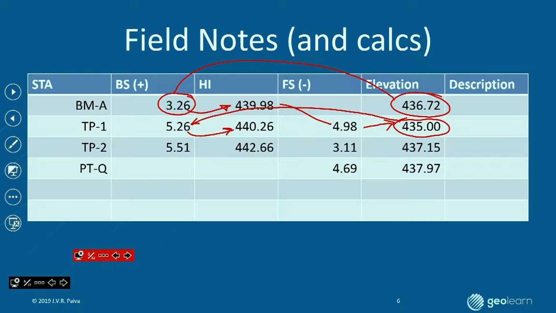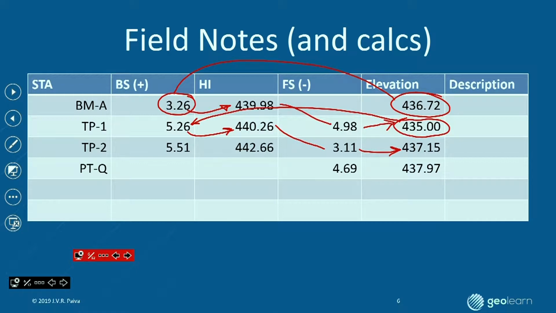And then we turn forward and observe turning point 2. Notice the row. So we did this to come up with 437.15. That's 3.11 subtracted from 440.26.